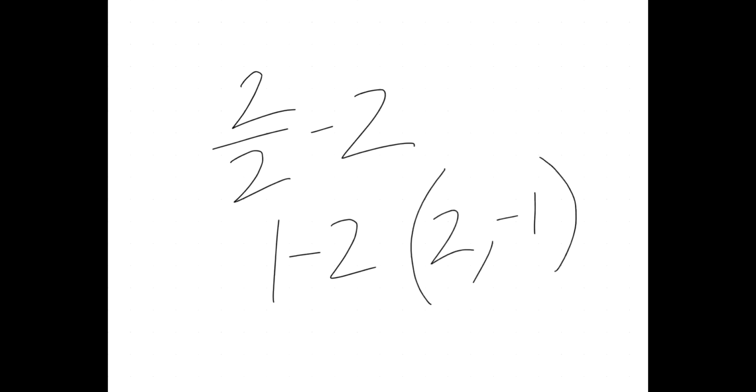No, 1, take away 2. So -1. Right. So that point is going to be 2 for x and then -1 for y. I went ahead and put a dot there on the graph. 2, -1. Okay, what about if x is 4?